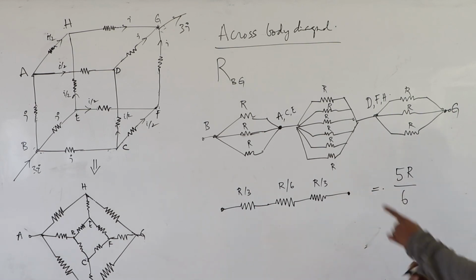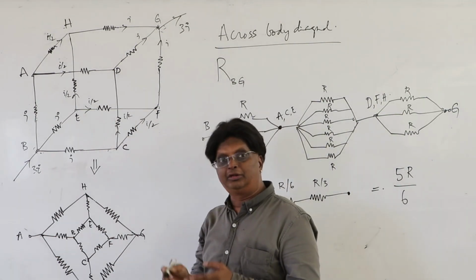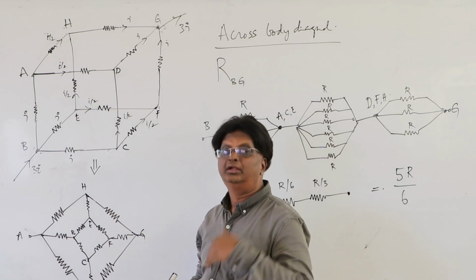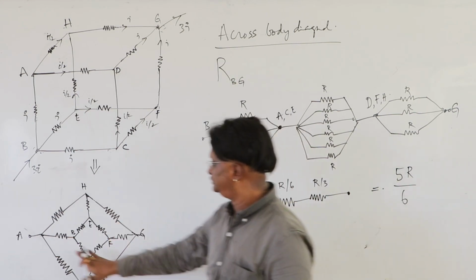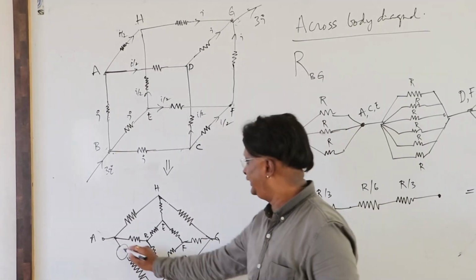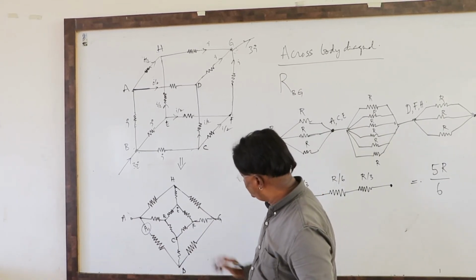Please do remember, here I have shown the current division. This will also be helpful, and you can directly find your answers. Supposing in this kind of network, I have shown ammeters. One ammeter, I call this ammeter A1, or somewhere over here.